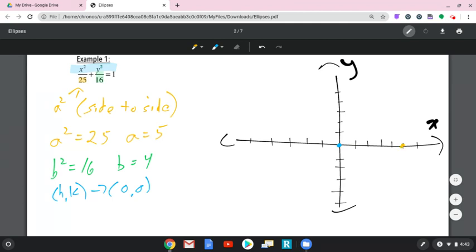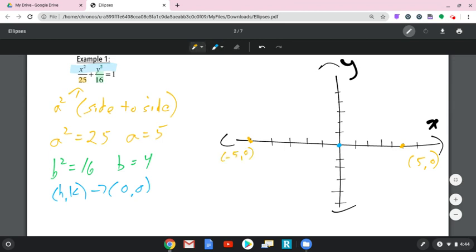That's where I added 5 to my H value. Then I would do 5 to the left, 1, 2, 3, 4, 5. If I looked at those points now, this would be 5, 0, where I added 5 to my H value, and this would be negative 5, 0.